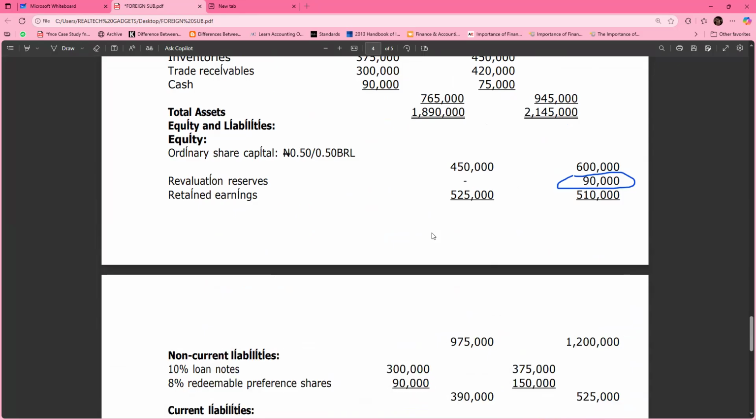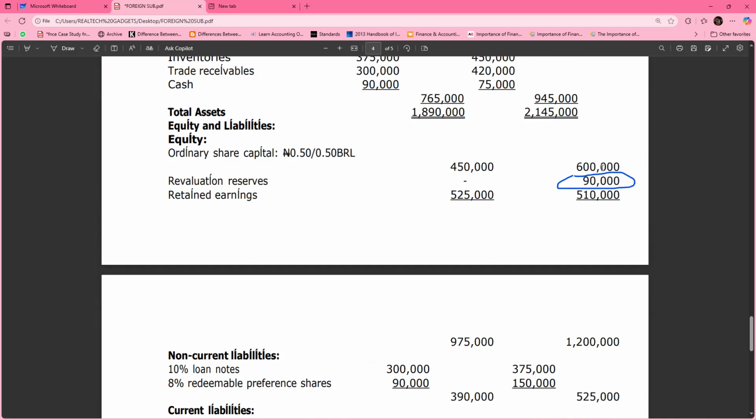Don't always assume that every item in equity is translated at acquisition rate. No, you need to check first. Remember this 90, and you need to first watch the previous video on the income statement before you watch this one. You can see there's a revaluation reserve of 90,000.